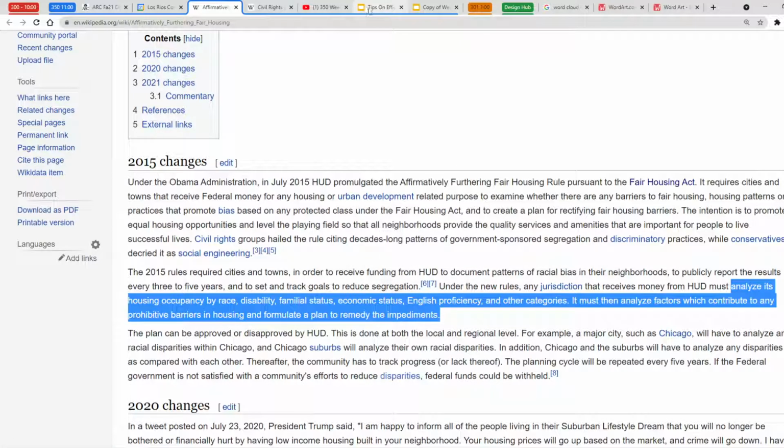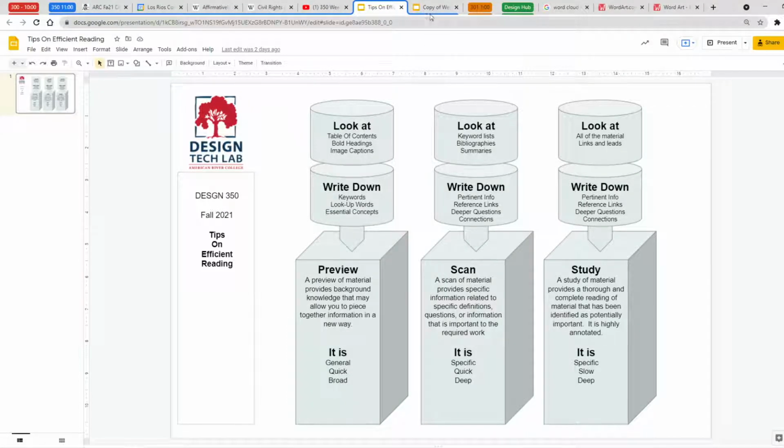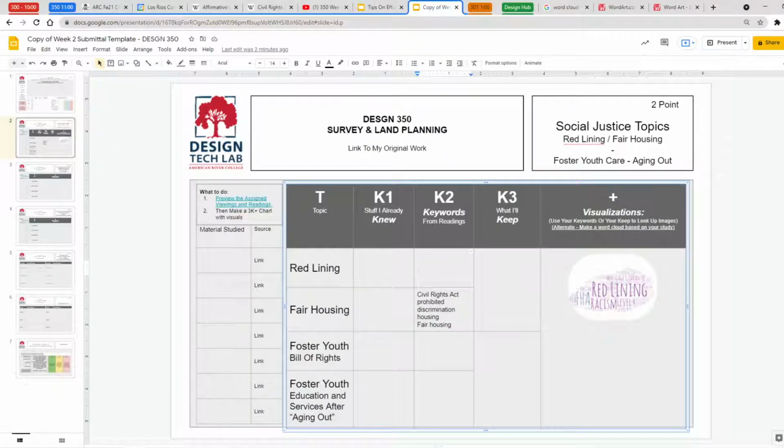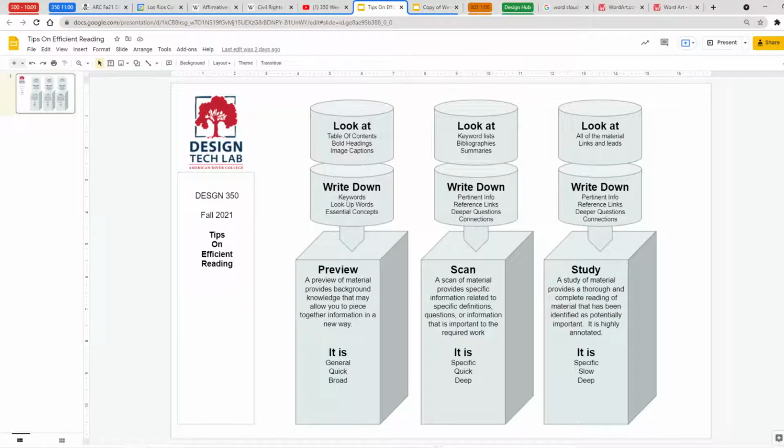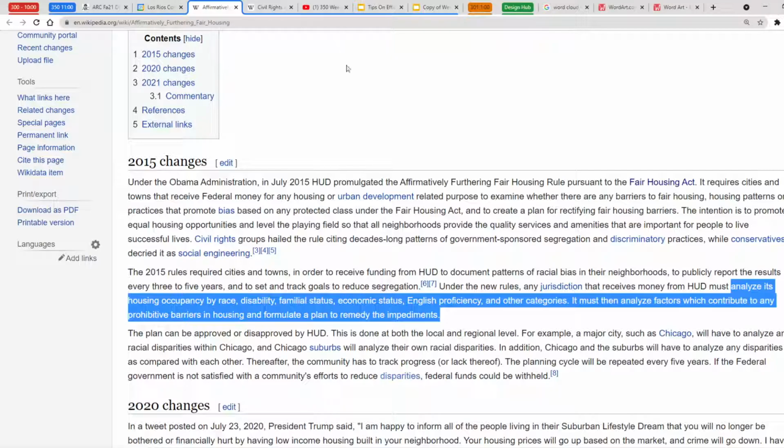Okay, so that's sort of locking this together with this and how you can use those together. Okay, you're going to be living in the preview world. We will do more in the scanning world and the studying world on these very same readings in the future.